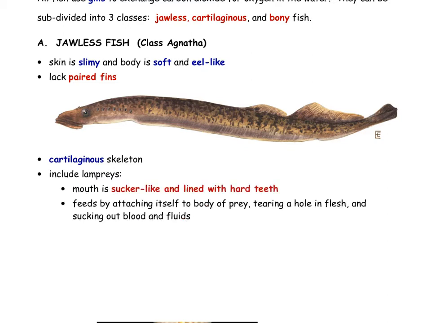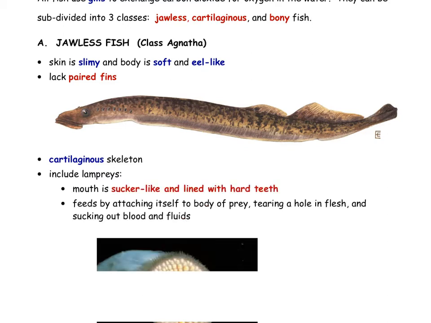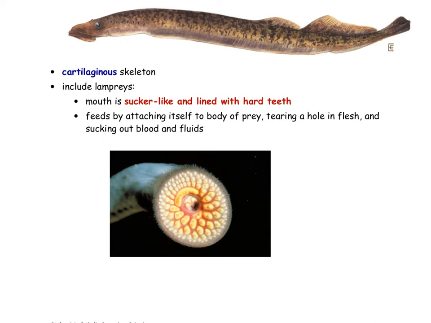I'm going to show you what their mouth looks like now, so brace yourselves. This is a lamprey's mouth, and it looks like something out of a horror film. It has these sharp teeth-like projections that are sort of circular. There's the hole leading to the interior of its body, but its mouth is like a sucker.